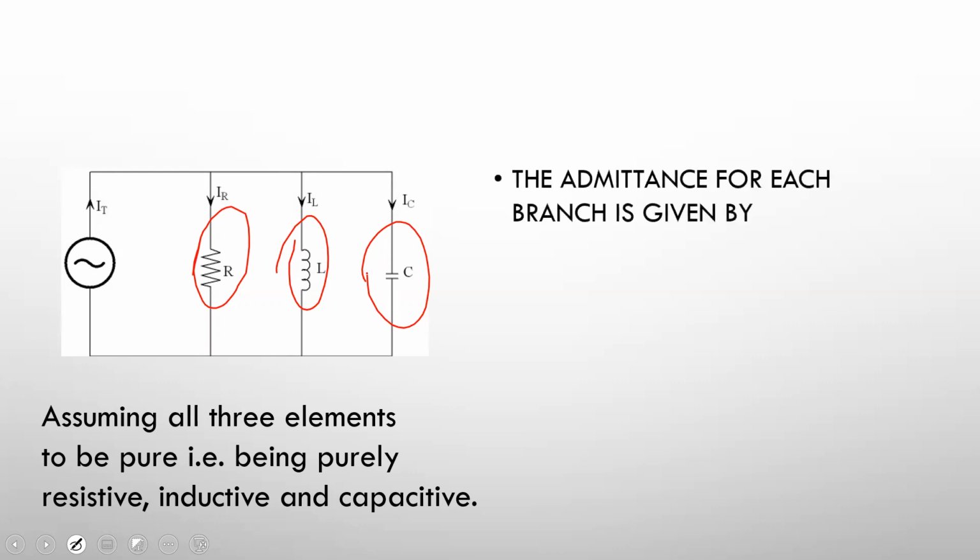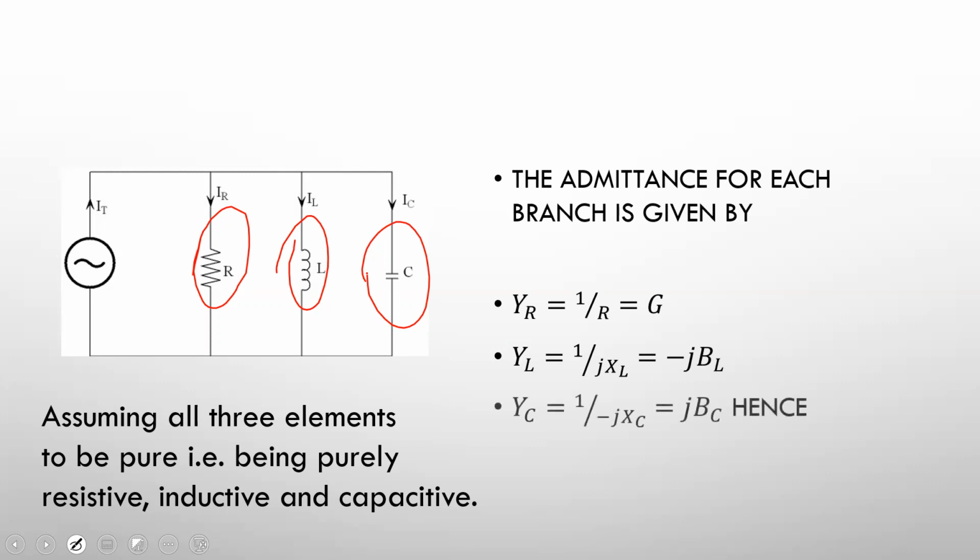If they are pure, then we can look at the admittance for each, going back to our AC circuits. So the admittance for the resistive portion would be 1 over R, which is G. For the inductive, it would be 1 over jXL, which would be minus jBL. And for C, YC would be 1 over minus jXC, which would give us jBC.